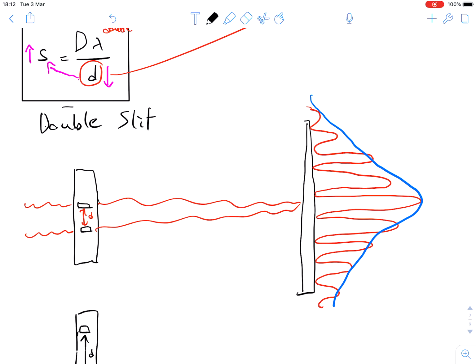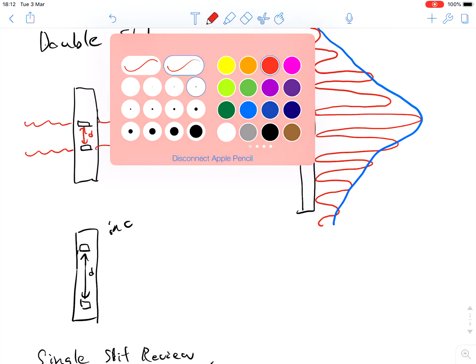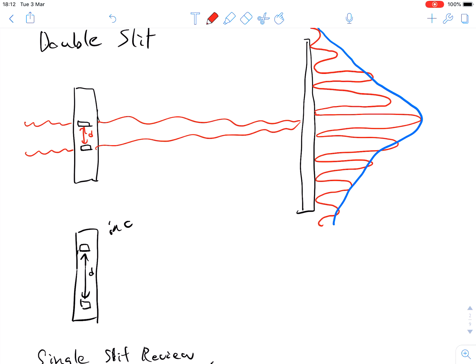So we have an increase in D. Therefore, S must go down. And so this particular distance here is going to shrink. That's the separation, so we're going to get something much more compressed, sort of like that.